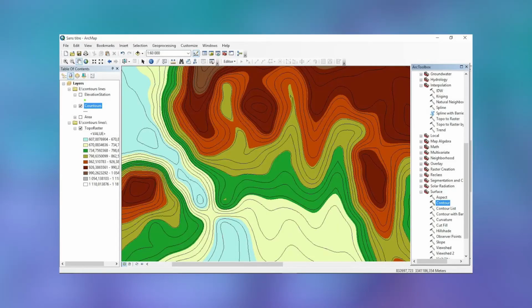Contour creation. Contours are the lines joining points of equal values that represent continuous phenomena, also called isolines. These are called contour lines when used to represent elevation. Isobars for atmospheric pressure, isohyets for precipitation, isotherms for temperature and isochrones for time.